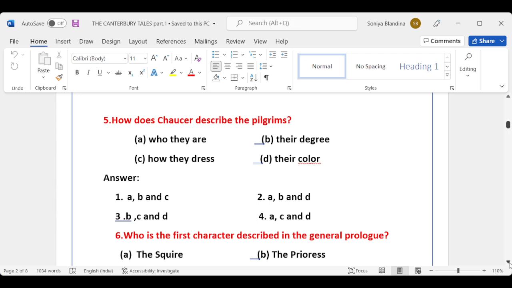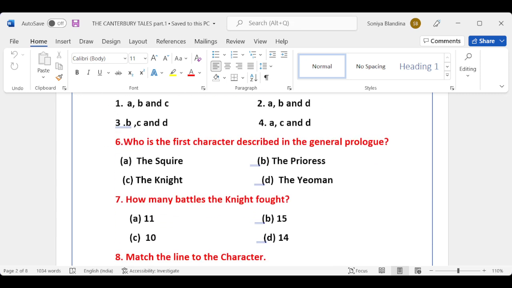We'll move to the next question. Question number 6. Who is the first character described in the general prologue? Is it option A, the squire? Option B, the prioress? Option C, the knight? Option D, the yeoman? It is option C, the knight. 7th question.